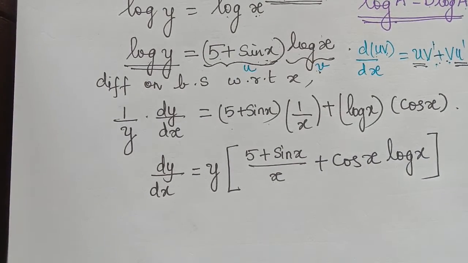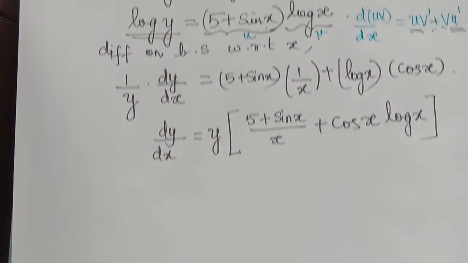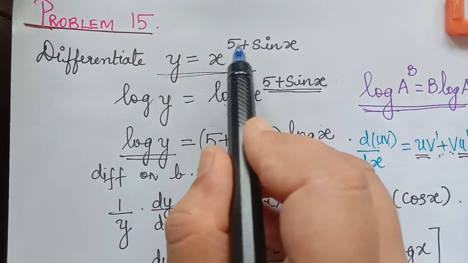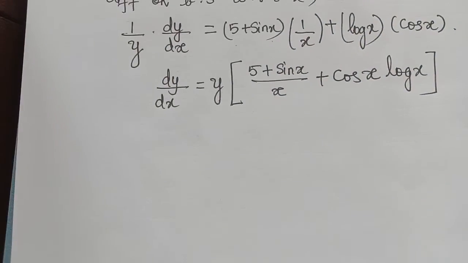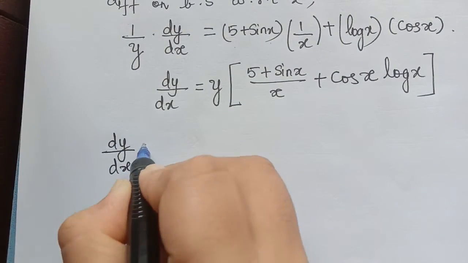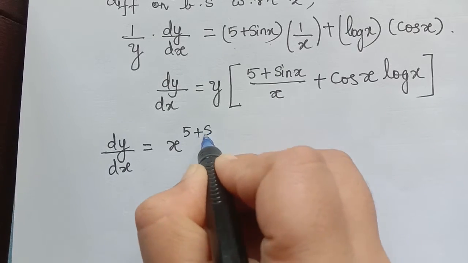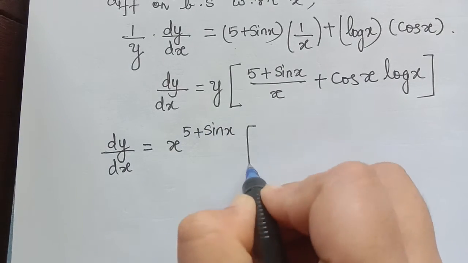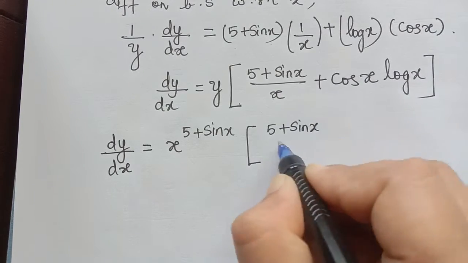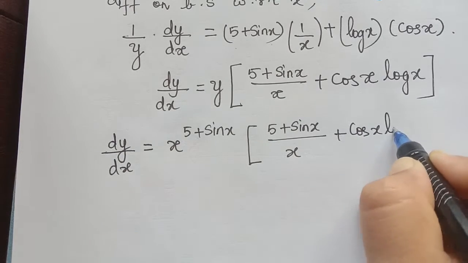Now we have to substitute the value of y over here. So what is y given in the question? y is given as x to the power 5 plus sin x. So let us substitute that. So we get dy by dx to be equal to x to the power 5 plus sin x multiplied with 5 plus sin x divided by x plus cos x log x.